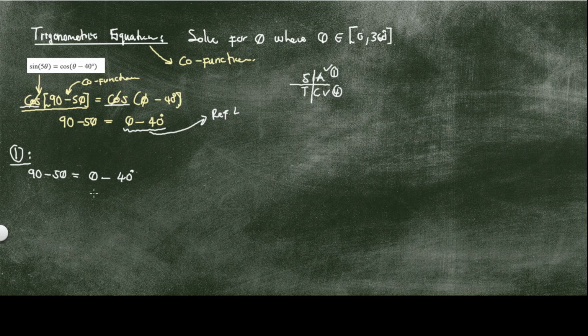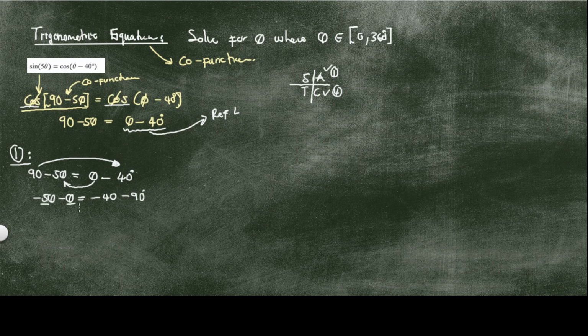Then you solve for theta. We transpose the 90 to the right and the theta to the left. We have minus 5 theta minus theta equal to minus 40 degrees, minus 90 degrees.